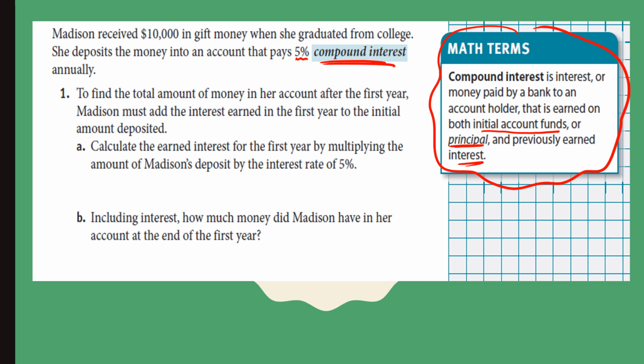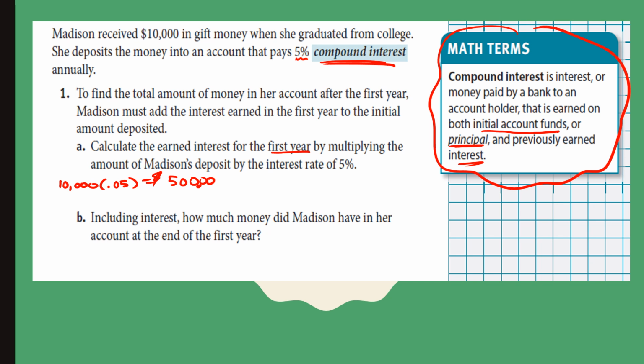So it keeps compounding. To find the total amount of money in her account after the first year, Madison must add the interest earned in the first year to the initial amount deposited. So we're going to find the interest for the first year by multiplying her deposit, $10,000, by her interest rate, 5%. That's going to give us $500.